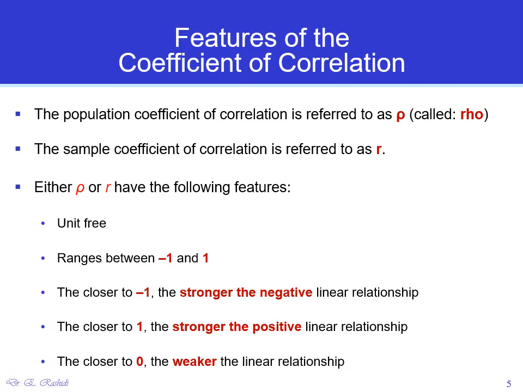That's why we call this a relative strength measure, because we know the limit of this coefficient of correlation. It's a value between -1 and 1. The largest value that it can get, the strongest positive relationship, would be +1, and the strongest negative relationship would be -1. So now we have an insight into the value of this measure, unlike the covariance.